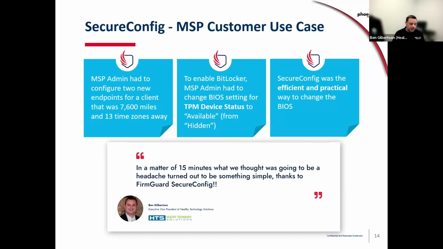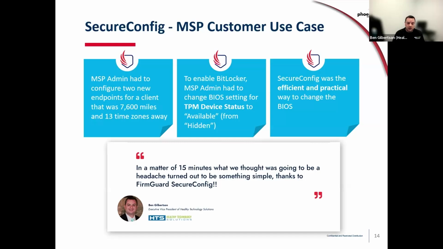So after playing some phone tag and not having much luck trying to walk someone through going into the BIOS and double checking things, we decided to check out FirmGuard, see if it was available, and sure enough it was.